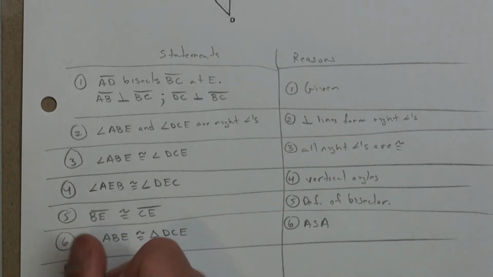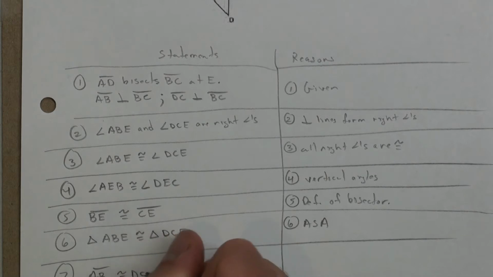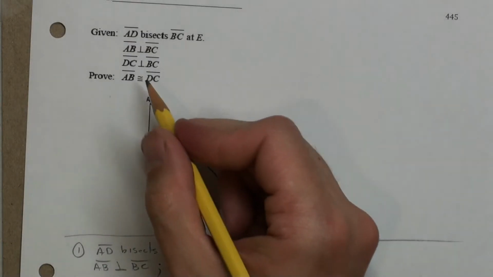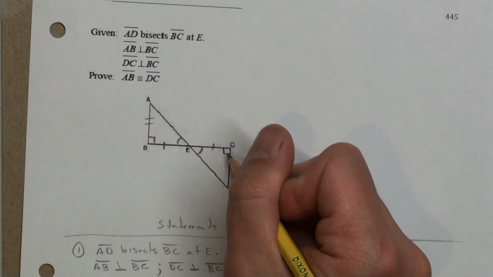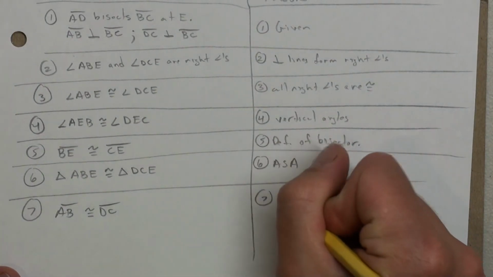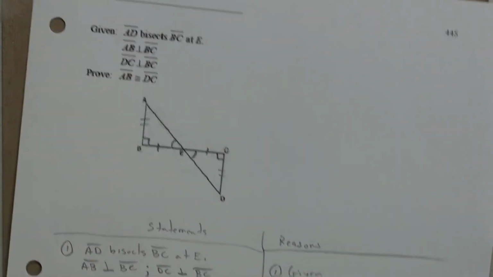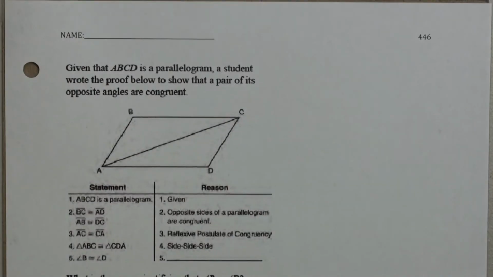So now finally I can say AB is congruent to DC, and that's because, here's AB and here's DC, because of CPCTC. Okay, there you have it, 445. Let's look at 446.